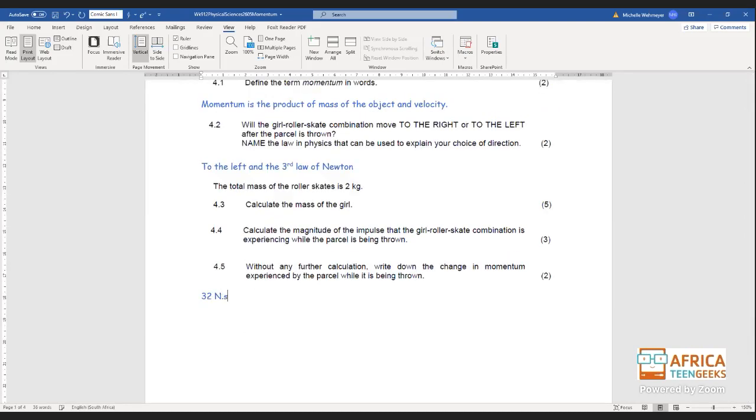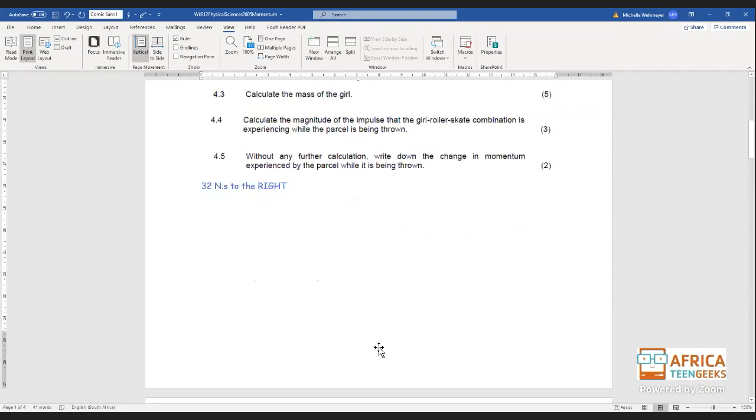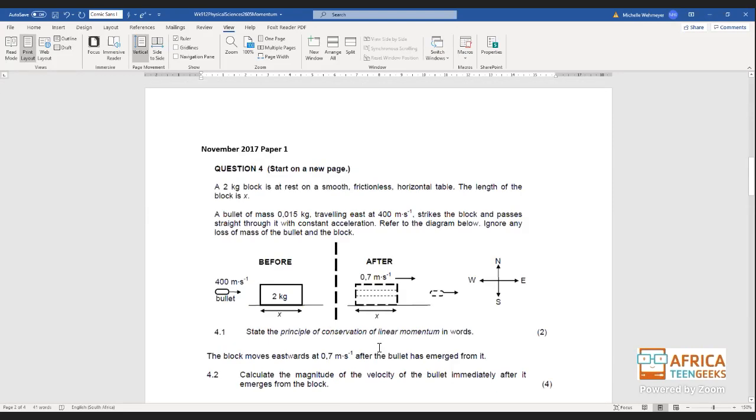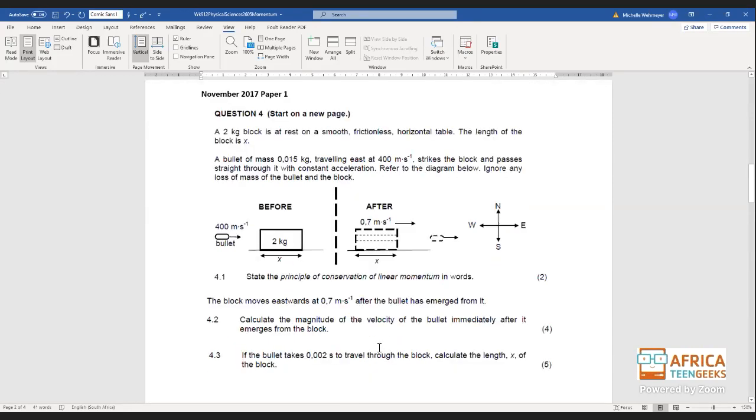It's going to be 32 Newton seconds to the right. Remember to add your direction to it.